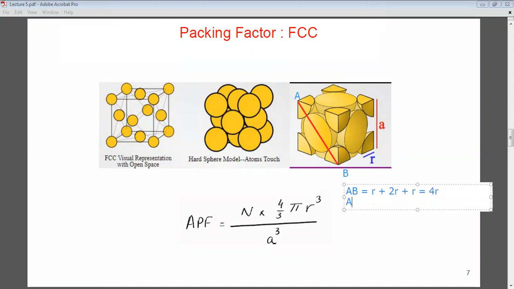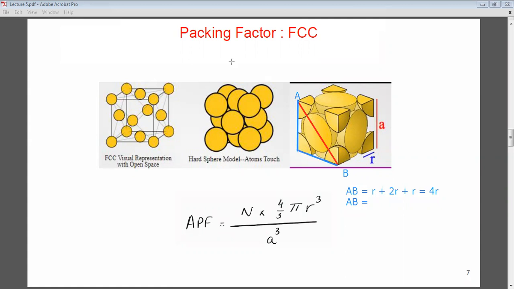And how much is AB in terms of A? If you look here at this right triangle, you have this side here A, this side here A. Pythagoras theorem will give you that this side, so let me just show you which sides I'm talking about. I'm talking about this side and this side. This triangle here drawn with the red side is a right triangle, right at this corner over here.